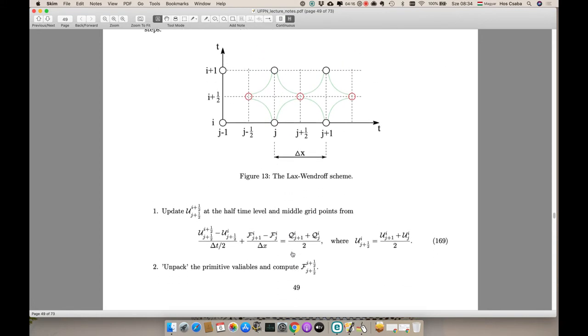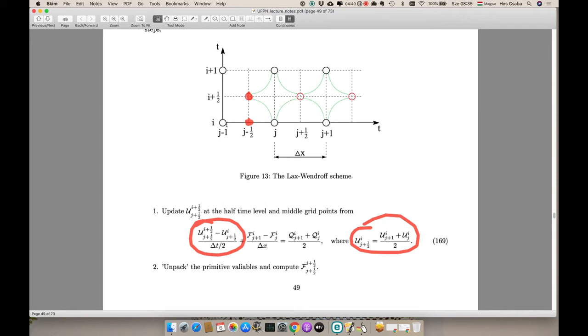So here we go. How do I update for the half time level? I'm discretizing the same equation. The temporal derivative is between this point and this point. And this point is simply the average of the neighboring points.